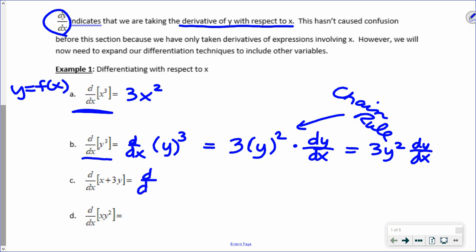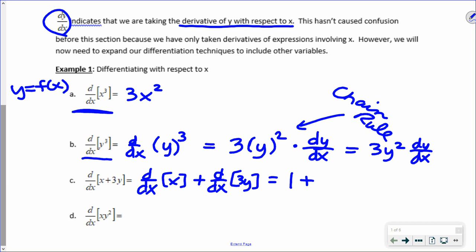So this could become the derivative of x with respect to x plus the derivative of 3y with respect to x. And derivative of x with respect to x is easy, that's just 1, okay?